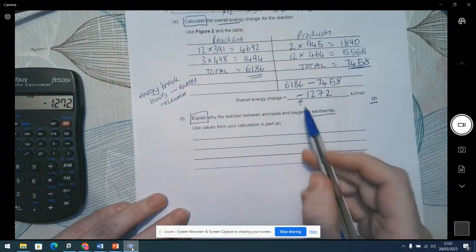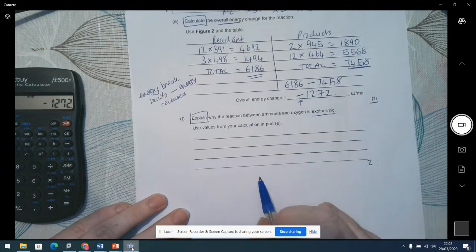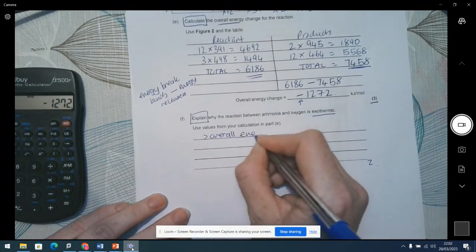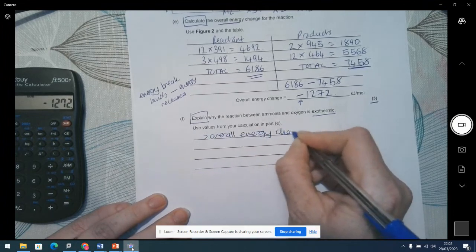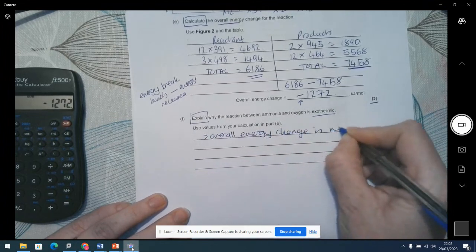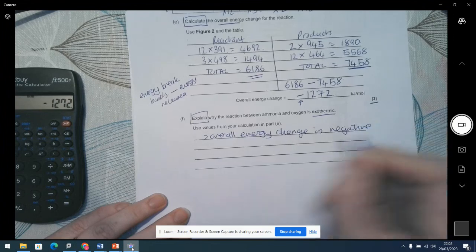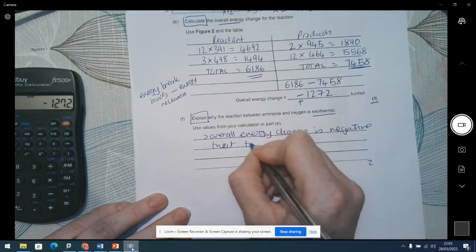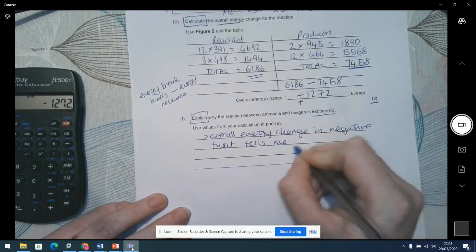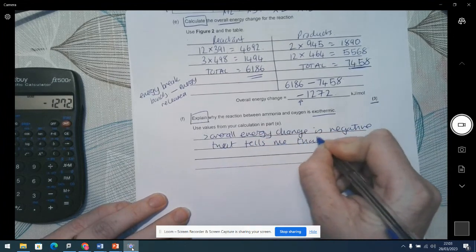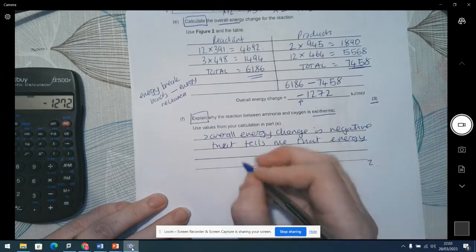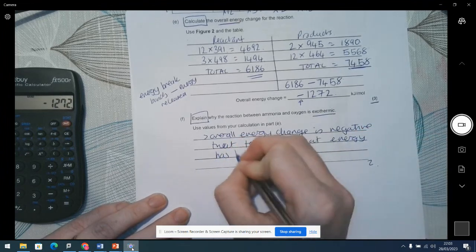So the first thing I'm going to say is, well, the overall energy change is negative. And that tells me that energy has been lost to the surroundings.